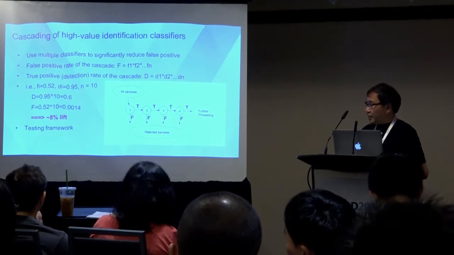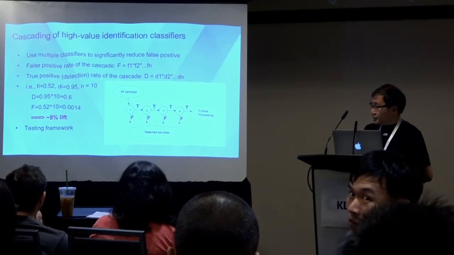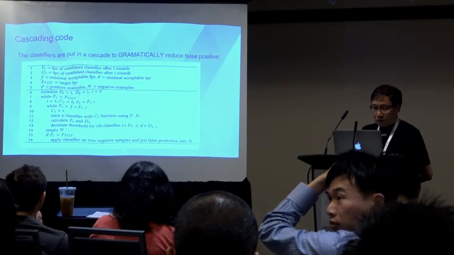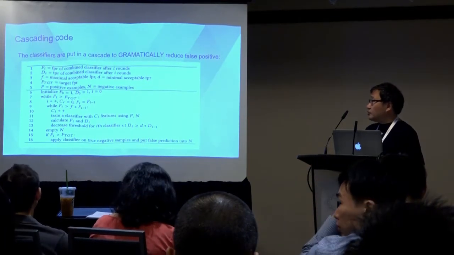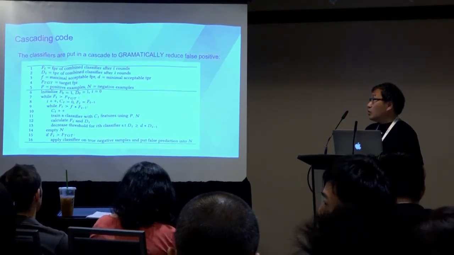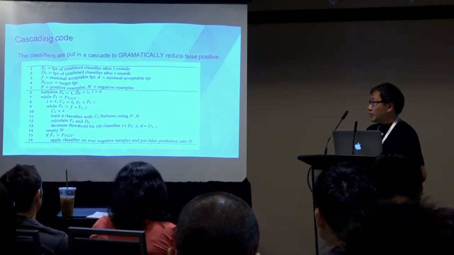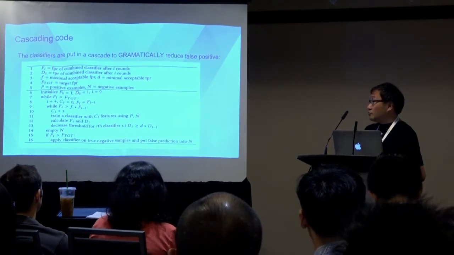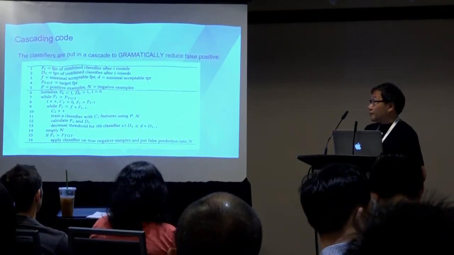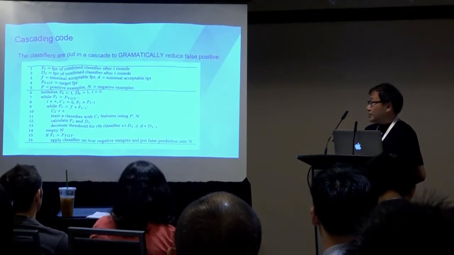And we observe that this introduces, for this case, about an 8% revenue lift. And this is the cascade algorithm we want to present here. I want to skip the details because it's a little bit detailed, but as I said, at a high level we just want to make some trade-off between the false positive rate and the true positive rate.